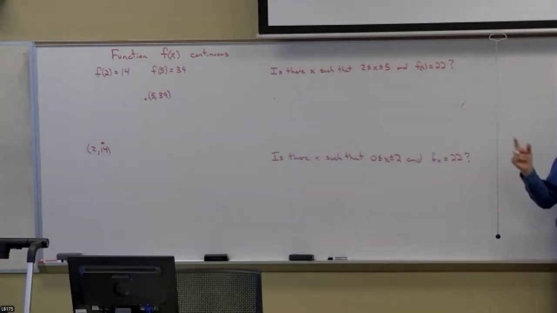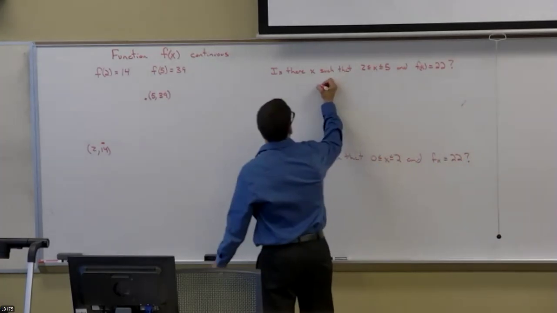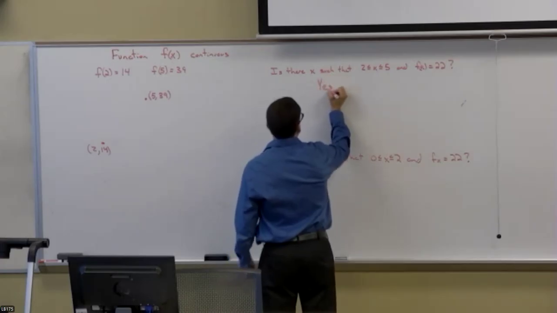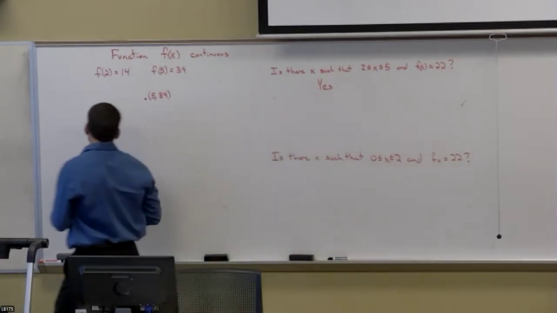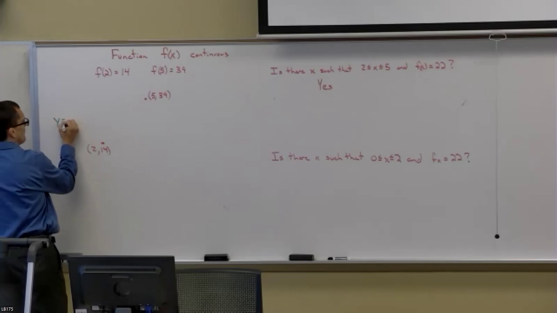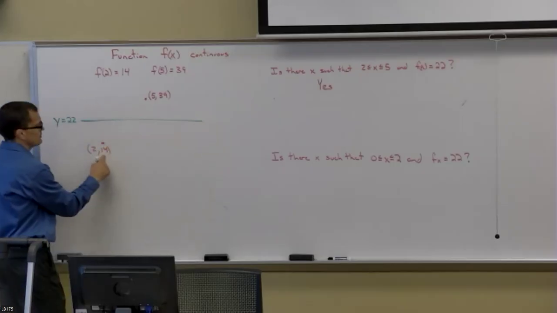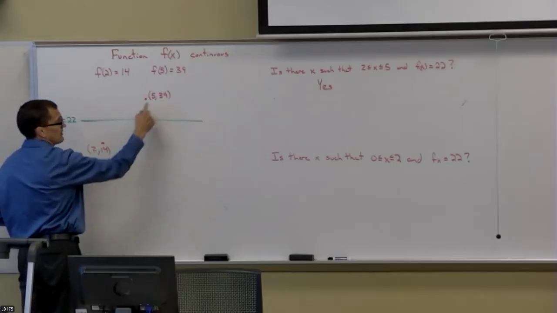All right, how about the first one? Is first one yes or no? Yes. Yeah, that's a yes. This is the exact application of the intermediate value theorem. We're looking for an output value, a y value, to be 22. Well, 22 is between 14 and 39.